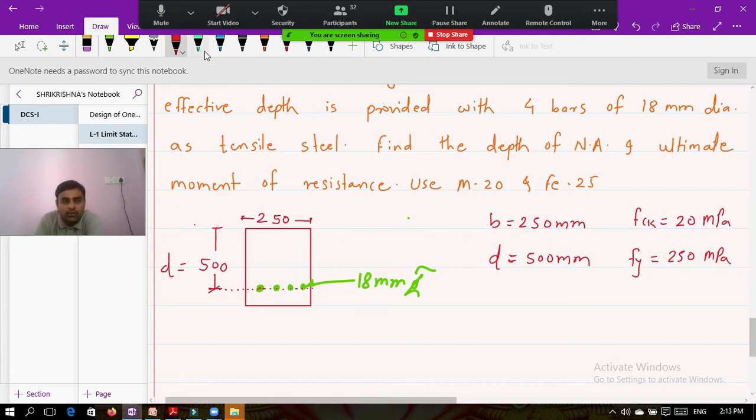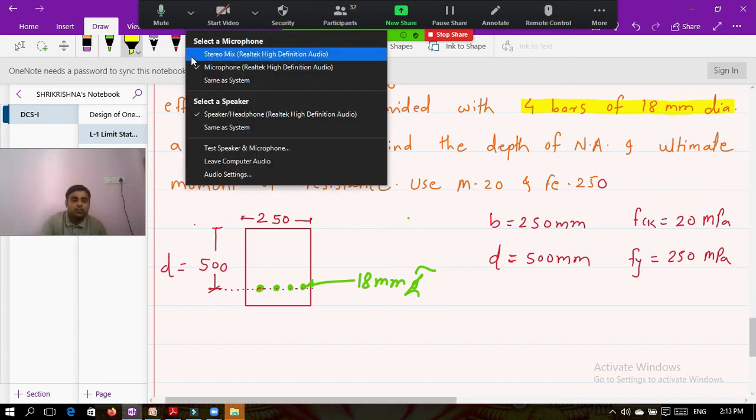The value of fy is 250. Now further, area of steel is given to us. It is provided with 4 bars of 18 mm diameter. This is the statement given in the problem.